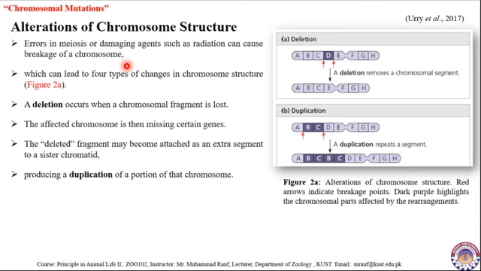Duplication can also arise on its own, where a particular segment of a chromosome is duplicated. Recall from the lecture on gene mutations that gene mutations are responsible for the evolution of new alleles, and here there are four types of changes in chromosome structure.